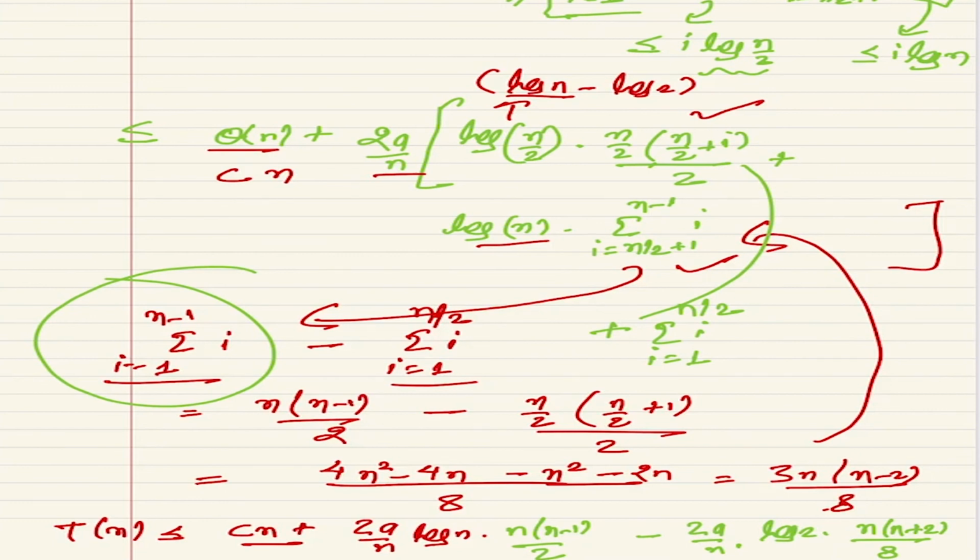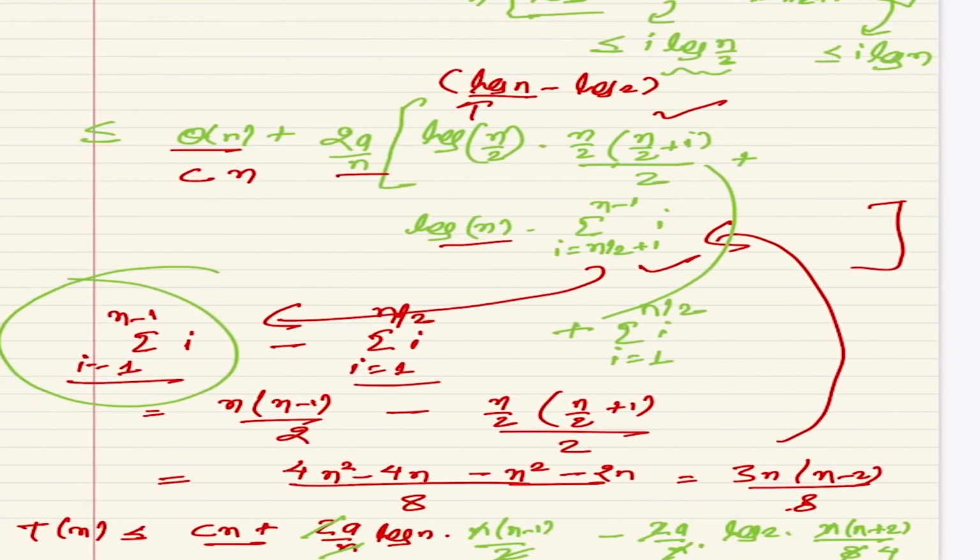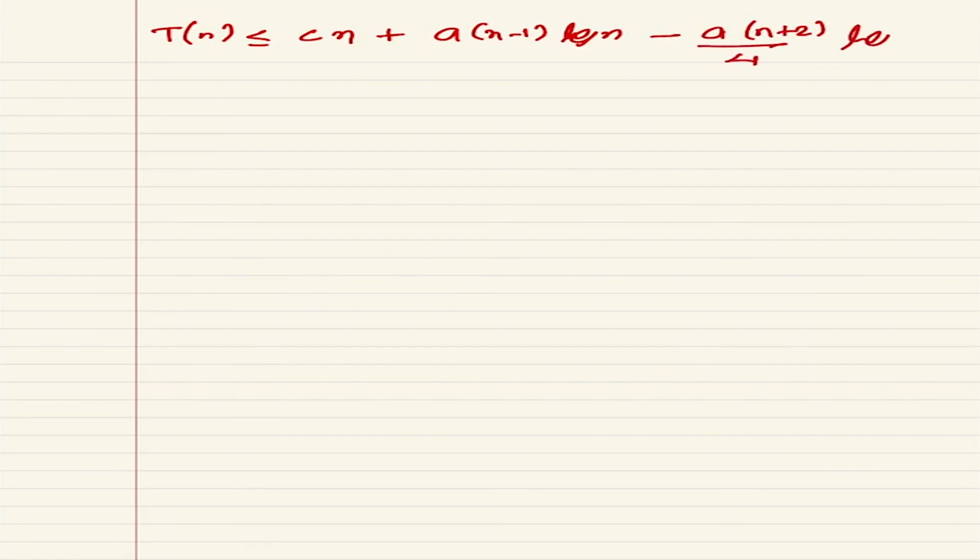Fine. Let's cancel out terms. So I am just writing it in the new page. Tn is less than or equal to, I'm sorry, this is Cn plus a n minus 1 log n minus a n plus 2 by 4 log 2.